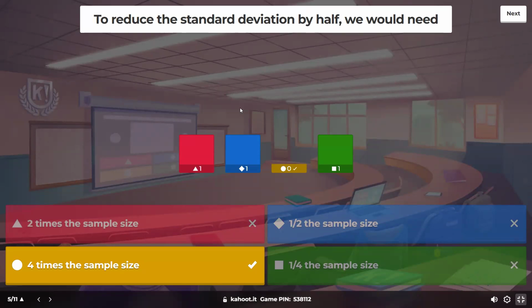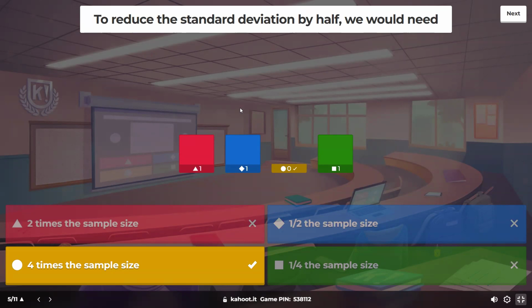If we're dividing by the square root of 4, what are we dividing by? What's the square root of 4? 2, because 2 times 2 is 4. So tell me how much we're shrinking it if we have a sample size of 4. It's half as big.